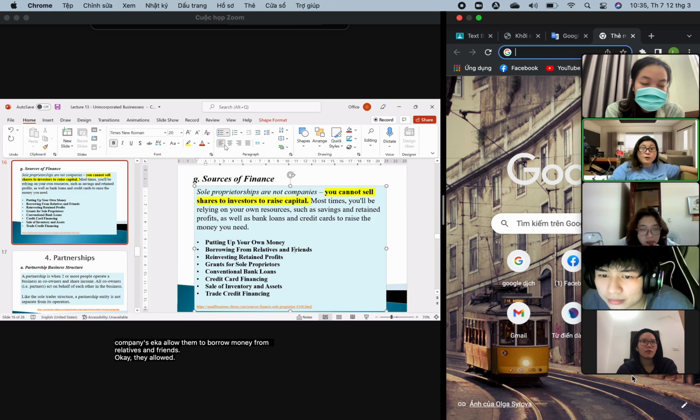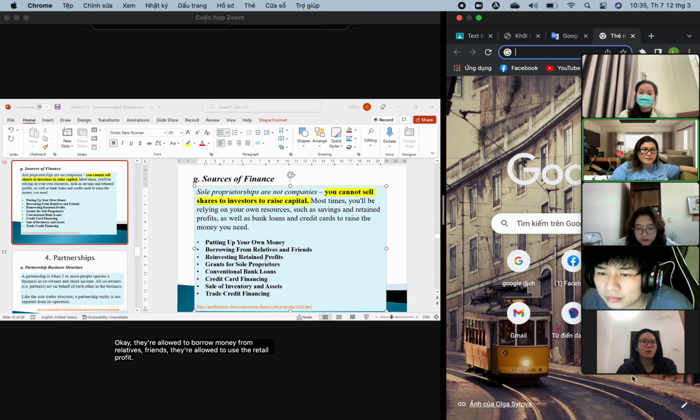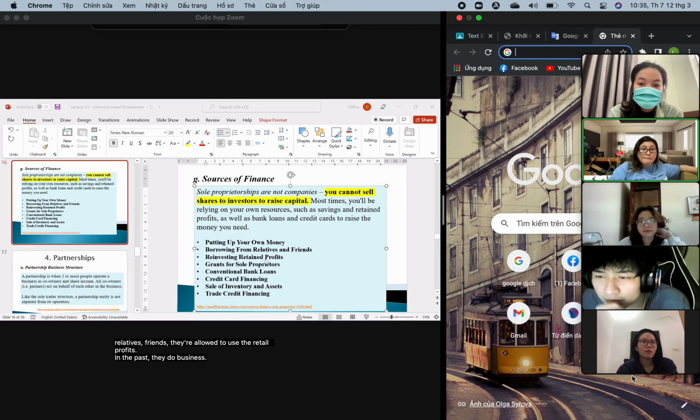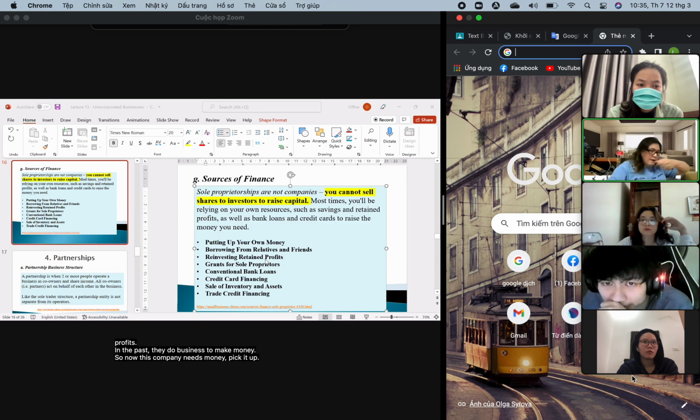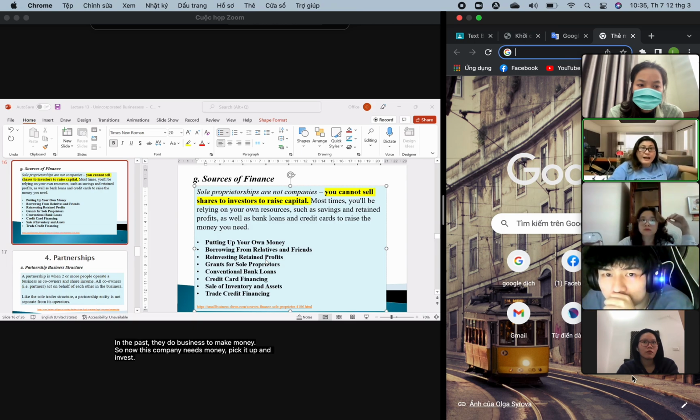They're also allowed to use retained profits. Maybe in the past they did business and made money, so now the company needs money, they take it out and invest. They allow that.